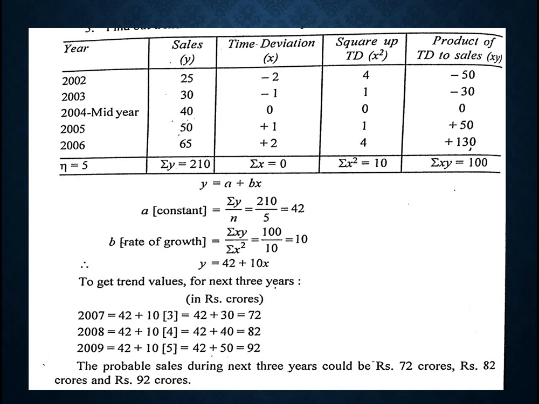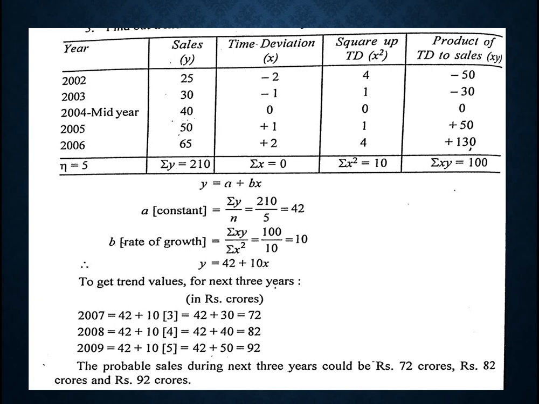For 2007 it is plus 3, so 42 plus 10 in the bracket, that is 3. So we have to simplify this equation. 42 as it is plus 10 into 3, 30, so 42 plus 30 is 72. Next 2008, same, y is equal to a plus bx, correct. A is 42 plus b is 10, and the x value for 2008 is 4, correct.